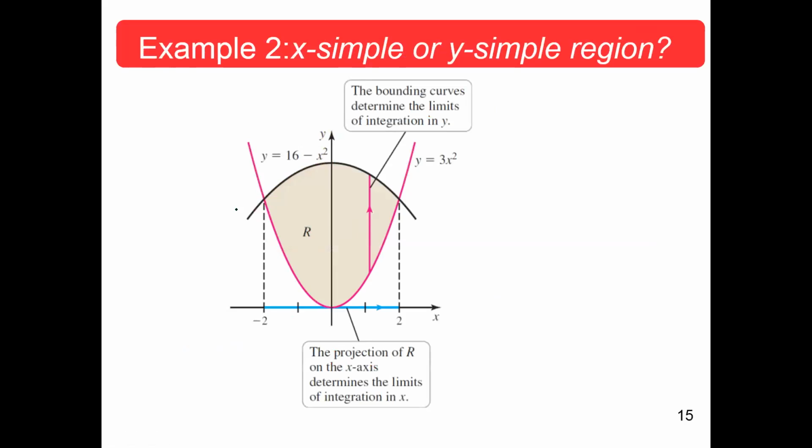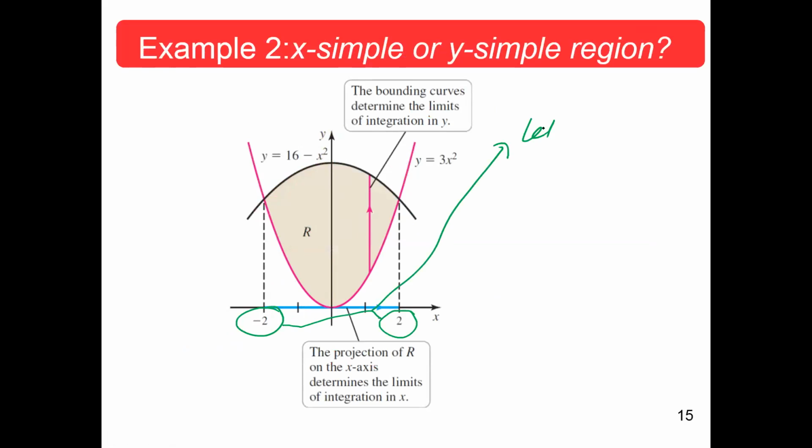We actually have this graph, and we can tell that this basically refers to what we just discussed. We can figure out this left bound and right bound. By the way, is it easy for us to figure out these two values? How do we find those two? Just set the two functions equal to each other. For these -2 and 2, they are the intersection of these two curves.